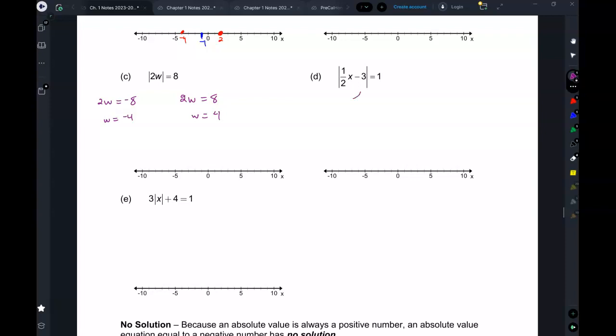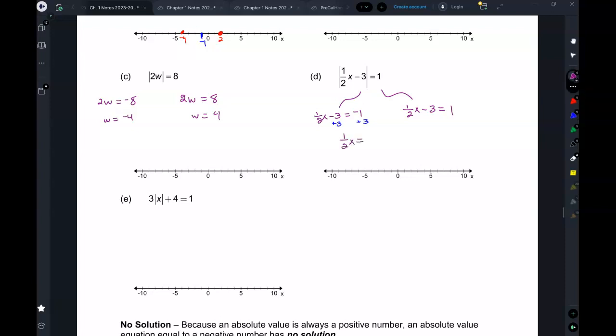Here, what are we going to separate as? 1/2 x minus 3 equals 1, and 1/2 x minus 3 equals negative 1. Right. So I like to do the negative first, and then 1/2 x minus 3 is equal to positive 1. Okay, let's go slow here. Let's do the negative 1 version first. Plus 3, plus 3.